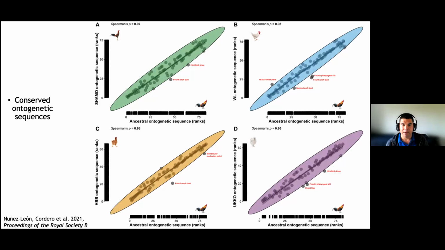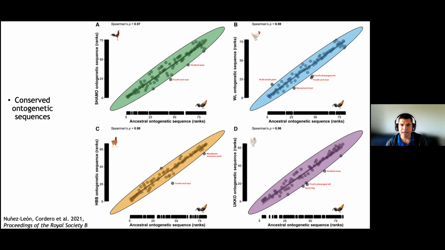We had a set of about 100 to 120 character states that we scored in chicken, in the wild type, I should say, pictured here on the x-axis, and then we simply compared to 4 breeds. And what we find is that there was very strong congruence in the sequence of developmental events.